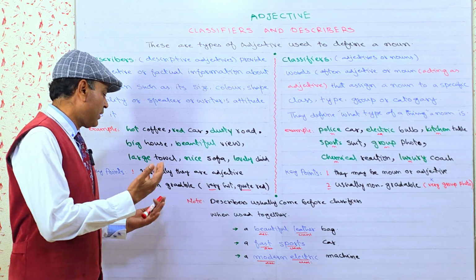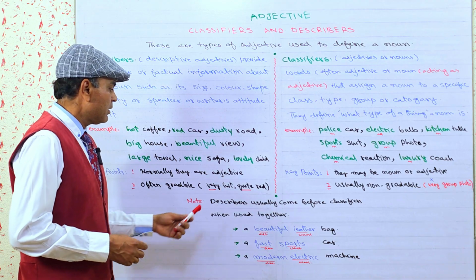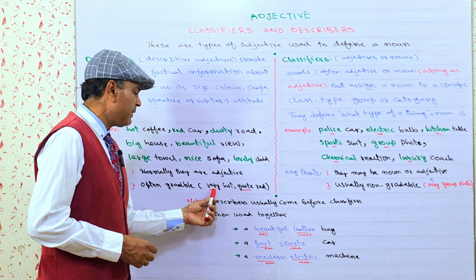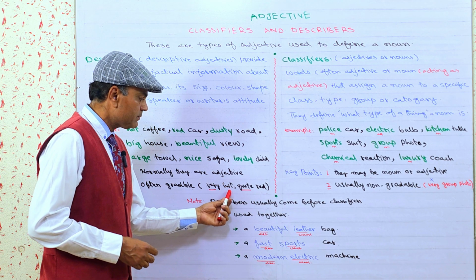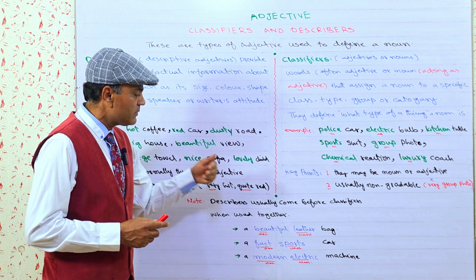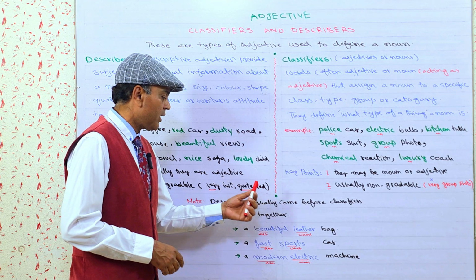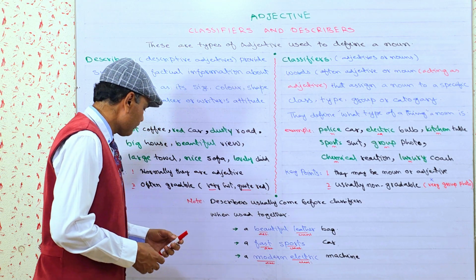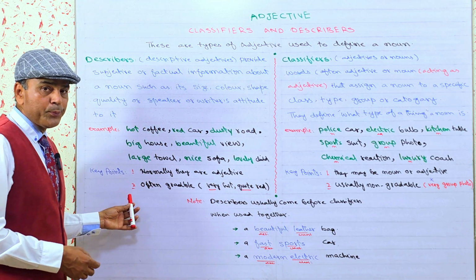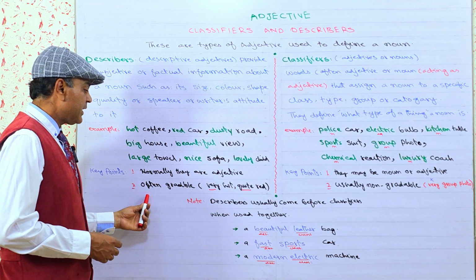As I can say, and it is quite correct and normal, very hot. So I am increasing the degree of hot, and then quite red, I am making it a little more, adding something to the meaning of red, which is an adjective. So a very important point that will help you understand that an adjective is a describer is that it is gradable.